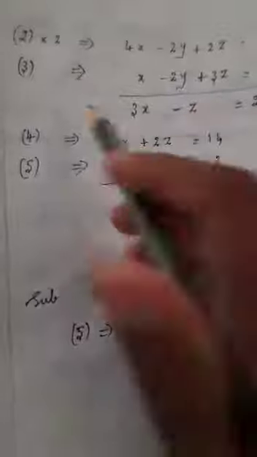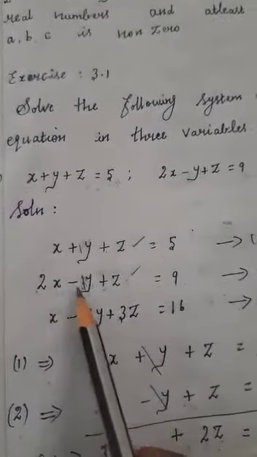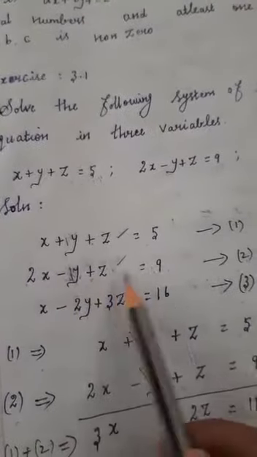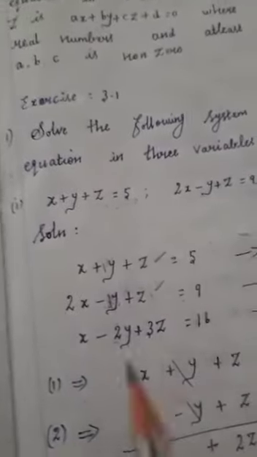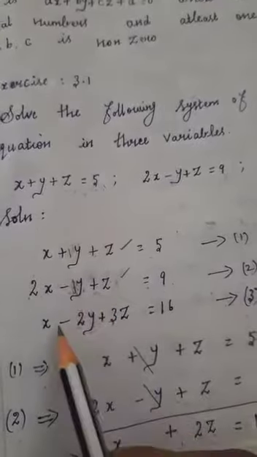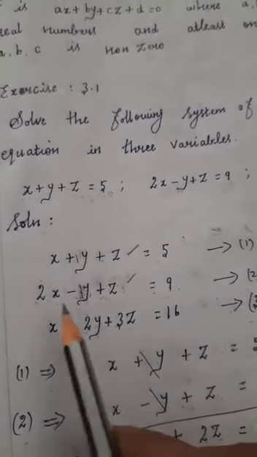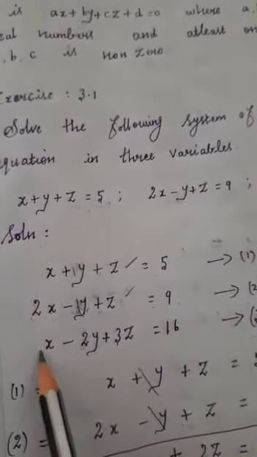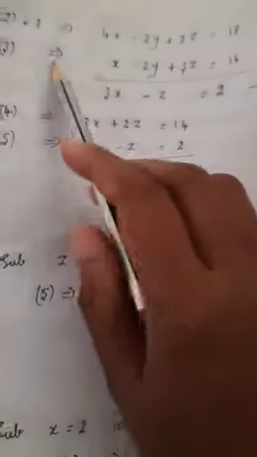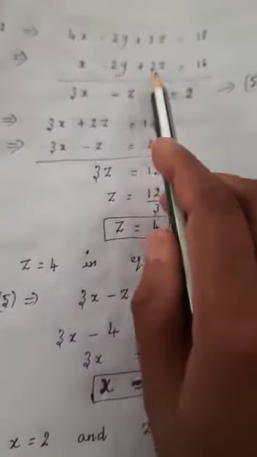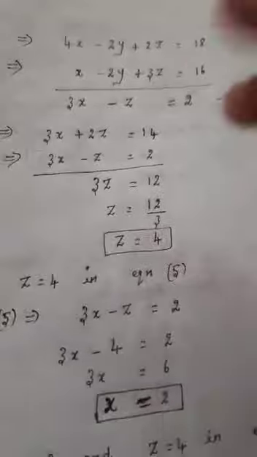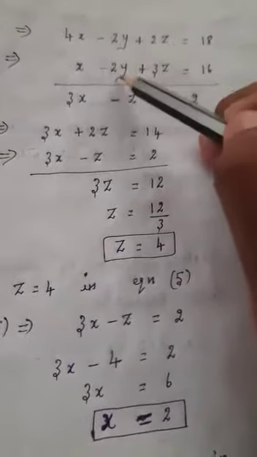Now write the second equation multiplied by 2: 4x minus 2y plus 2z is equal to 9 into 2, that is 18. The third equation has no change, the coefficient is already 2. So only this one we need to change. The third equation we write straight: x minus 2y plus 3z is equal to 16.